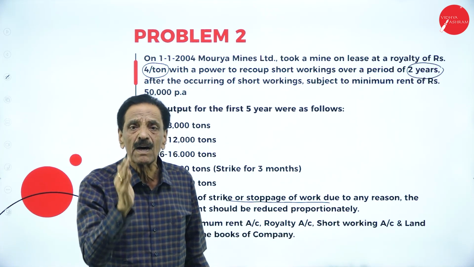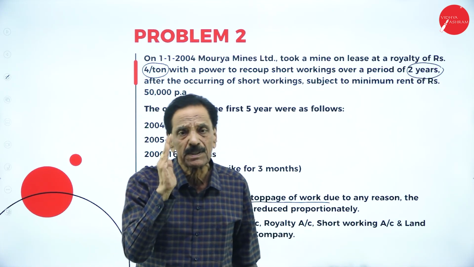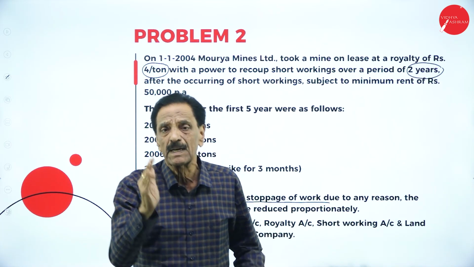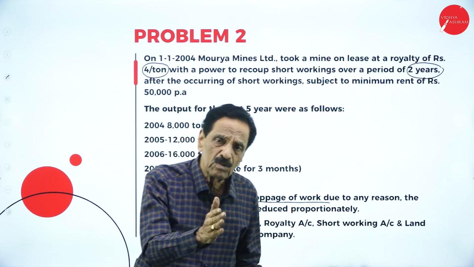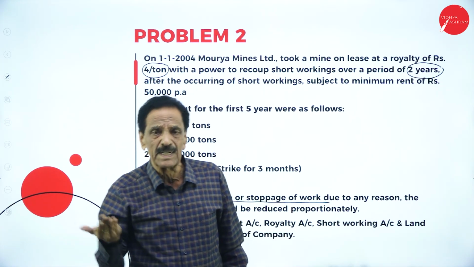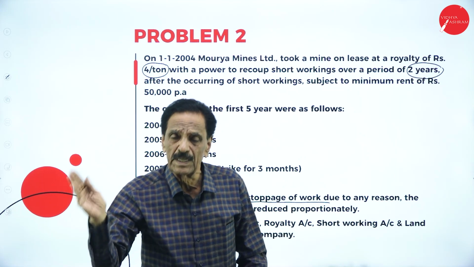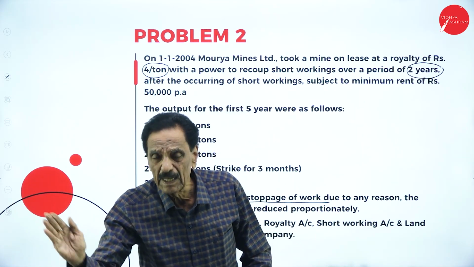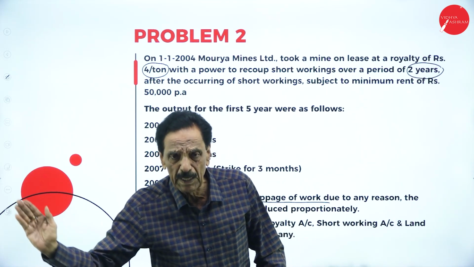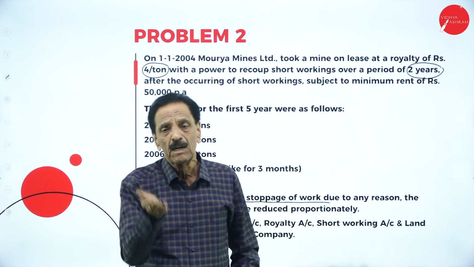That means we are going to pay the minimum rent. What's the first entry? Minimum rent account debtor to landlord account. Second entry, royalty account debtor, short working account debtor to minimum rent. For that minimum rent, what's the royalty?